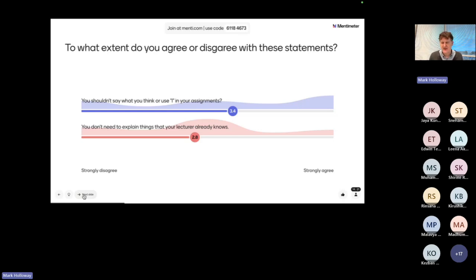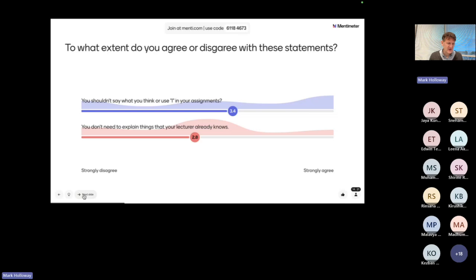So sometimes there's a good reason why someone might ask you not to use the word I in academic writing, but actually there's nothing wrong with the word itself. And typically people do want to know what you think about a topic, but we just have to find appropriate ways of expressing that. Okay.